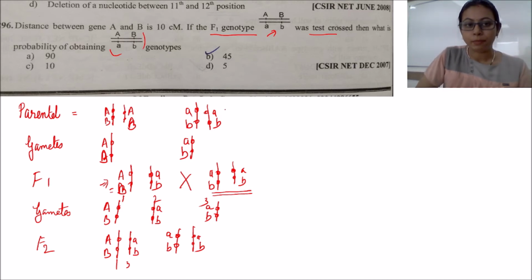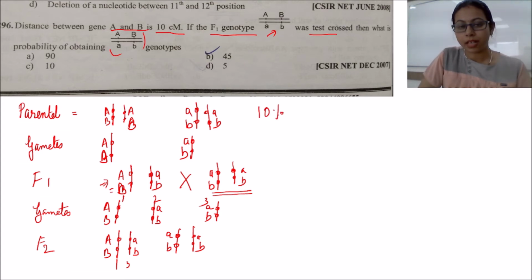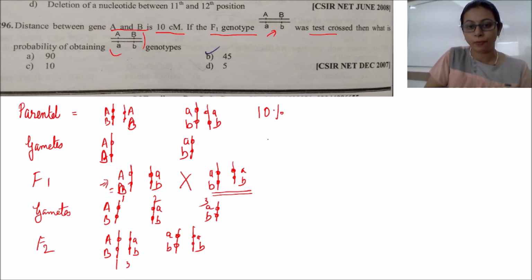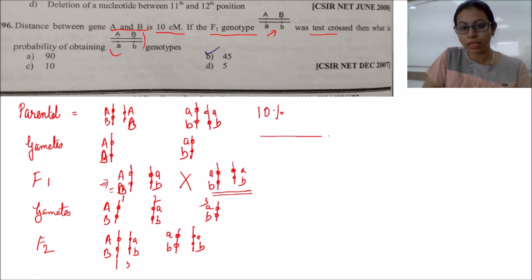What exactly does it mean if I say there is a 10 centimorgan distance between A and B? It says that there is only a 10% chance that the region between A and B will undergo crossing over. If it had undergone crossing over in the F2 generation, what should the resultant progeny be?